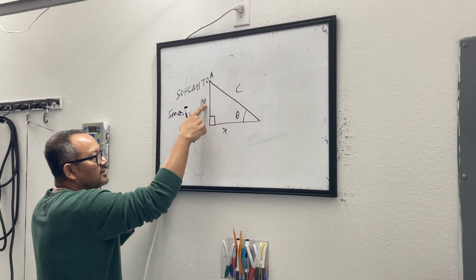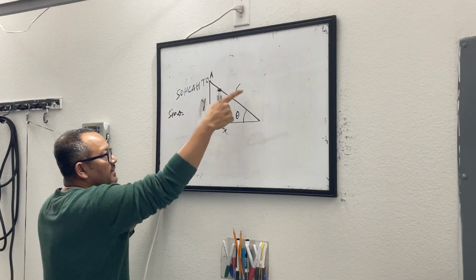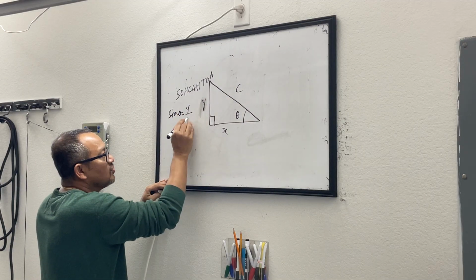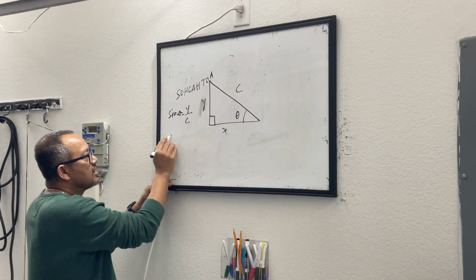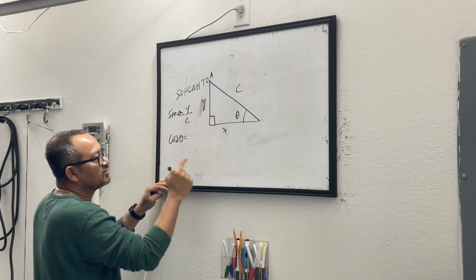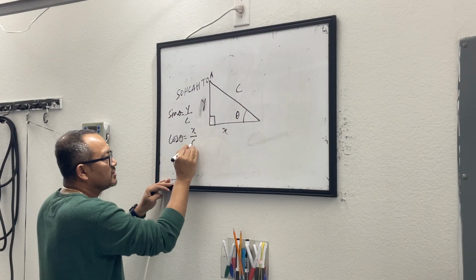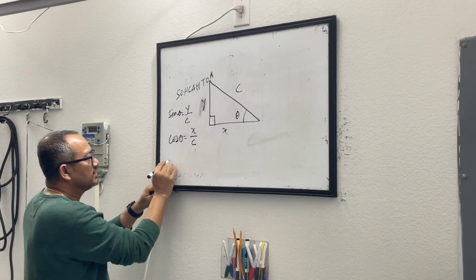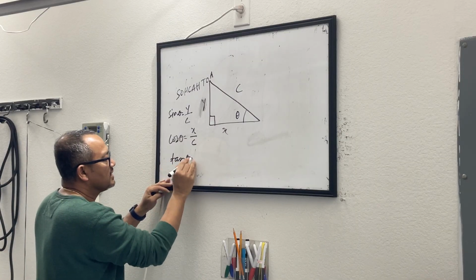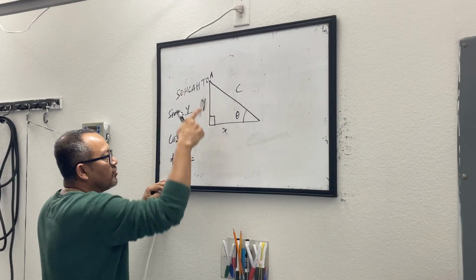Sine of theta is equal to opposite side by hypotenuse, y over c. Cos of theta is equal to adjacent side by hypotenuse, x over c. Tan of theta is equal to y over x.